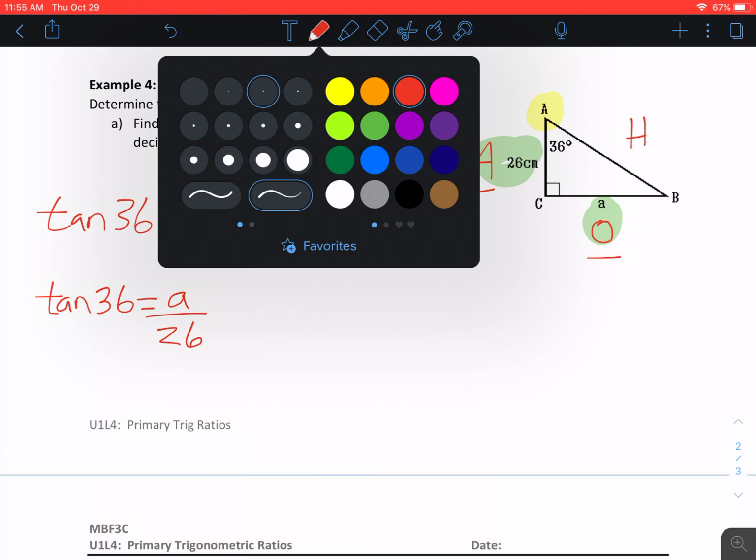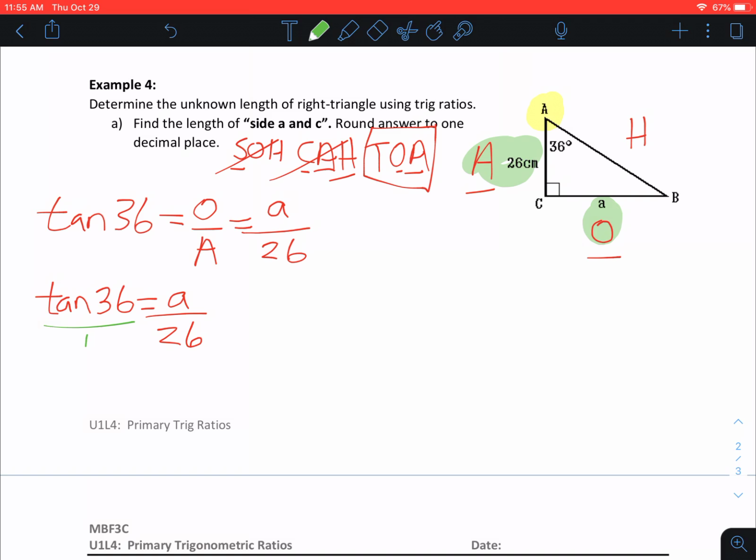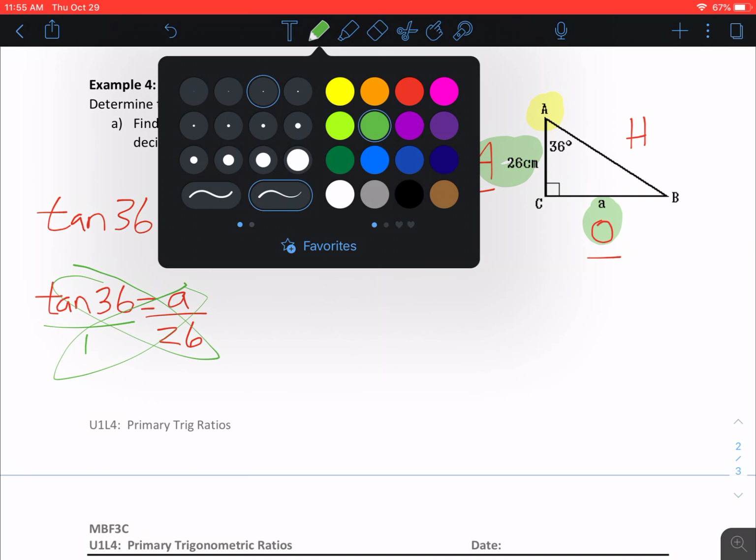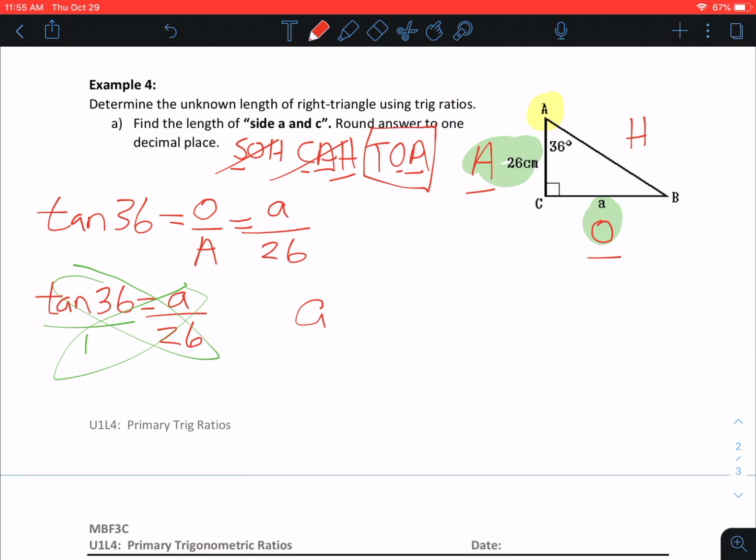To find A, we imagine that tan 36 is being divided by 1, and then we're going to cross multiply. That will give me A is equal to 26 times tan of 36. Maybe I'll put brackets in there so we know we're multiplying.